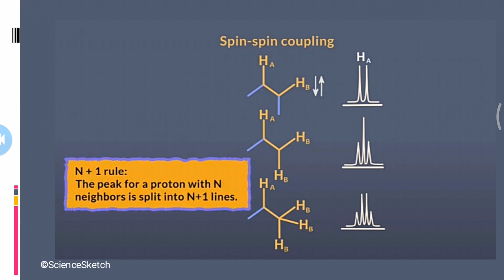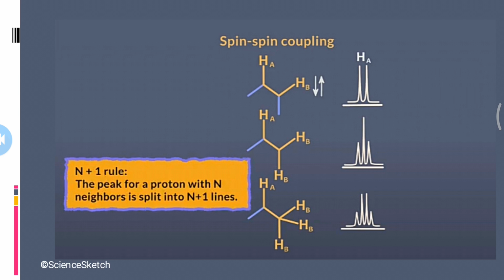Here is another example of spin-spin coupling. HA interacts with HB and spin-spin couples to form a doublet. Another example: HA interacts with HB and HB dash, so there are two neighboring groups, and it splits into a triplet.